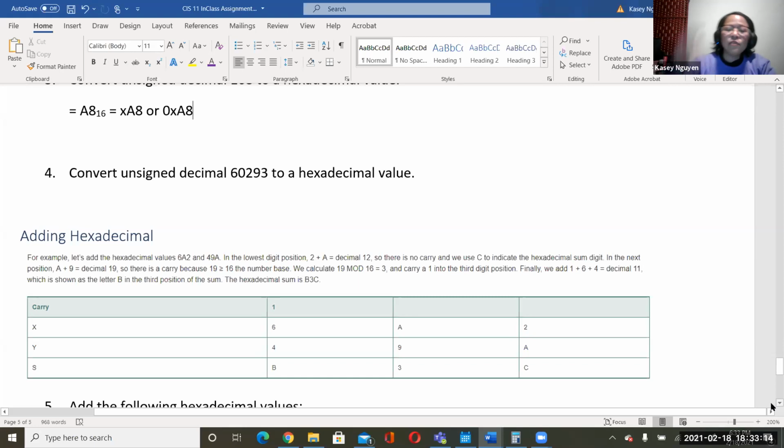So when you reach the F, it cycles back again. Keep that in mind. So here in this example, they're adding 6A2 with 49A.